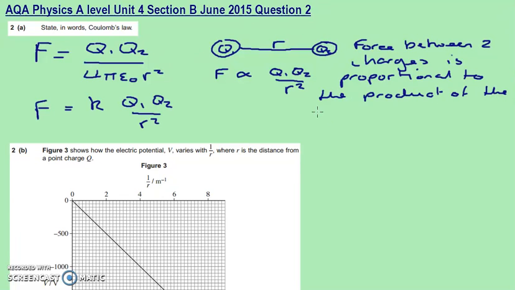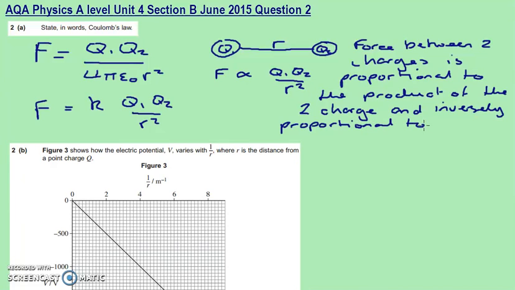So that's Q1 multiplied by Q2, so it's proportional to the product of the two charges, and inversely proportional to, in words, the square of their separation.